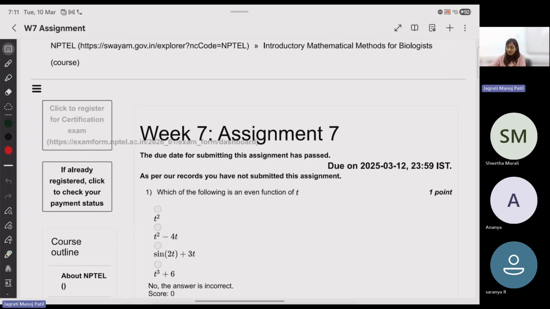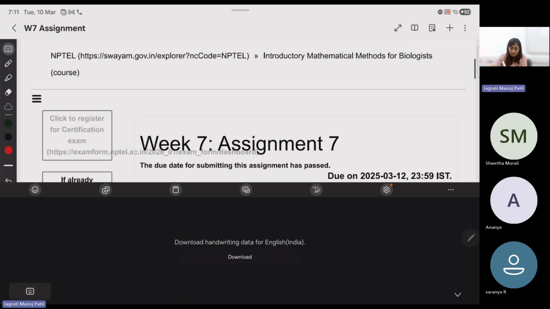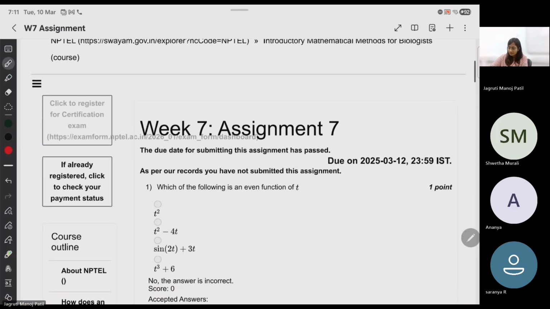How do you evaluate an even function? If it's an even function, what do you have here? Do you have a positive sign or negative sign? Positive. Yeah, so that's positive. So which of the following is an even function? t square. t square is an even function.